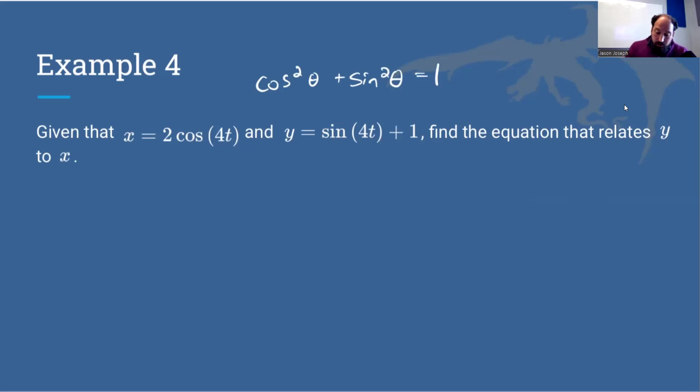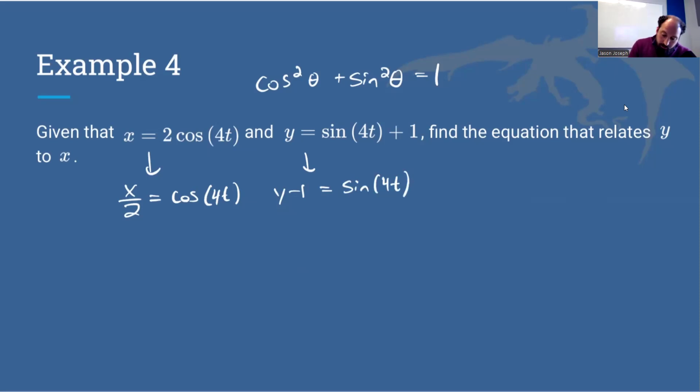And that's actually my strategy, is to solve for cosine theta, or cosine 4t in this case, solve for sine of 4t and plug them into this equation, and that will be the answer. So let's see how to do that. x divided by 2 is cosine of 4t. y minus 1 is sine of 4t.